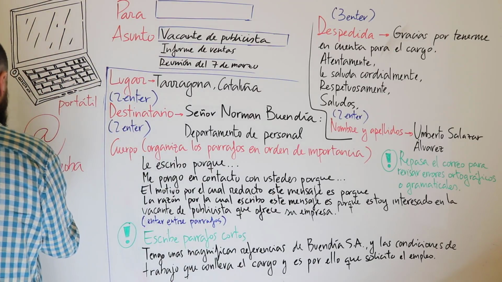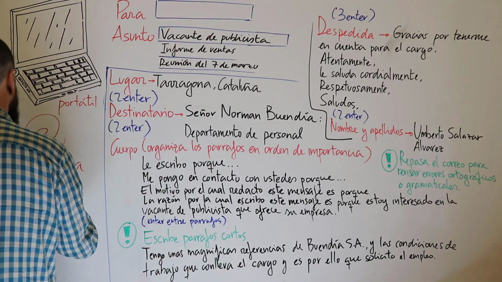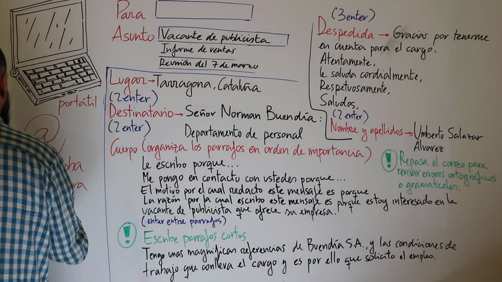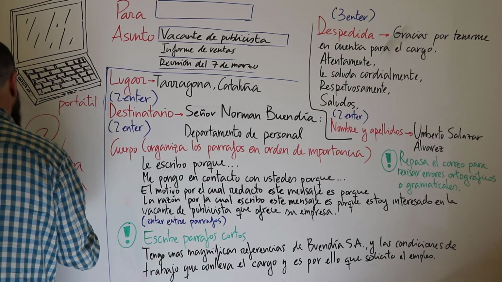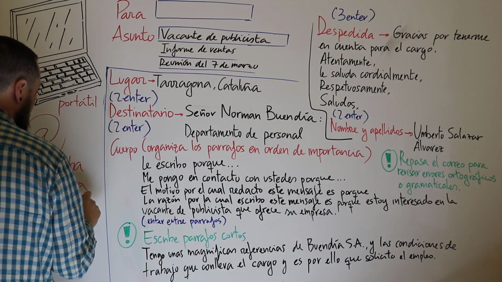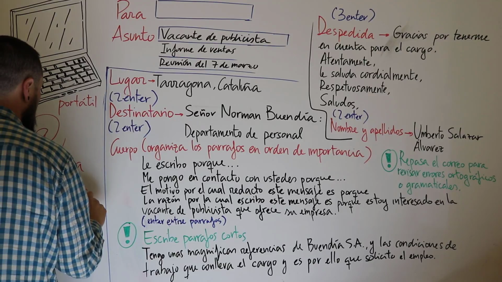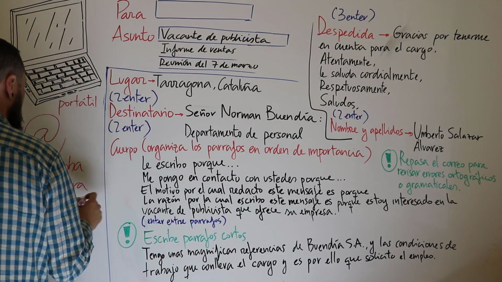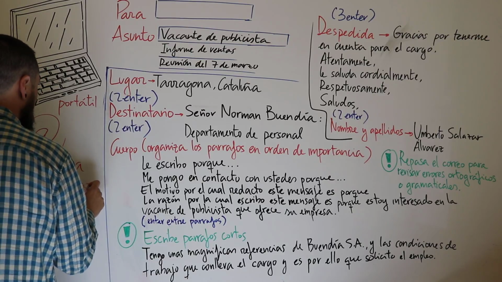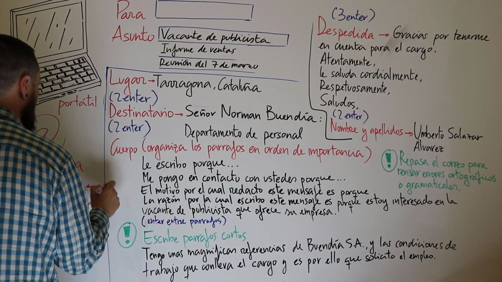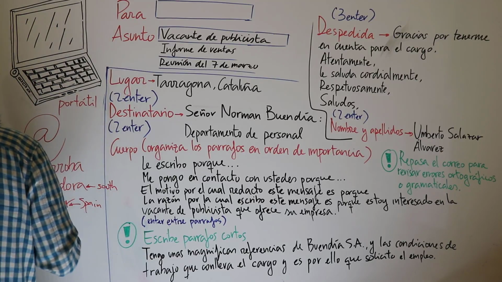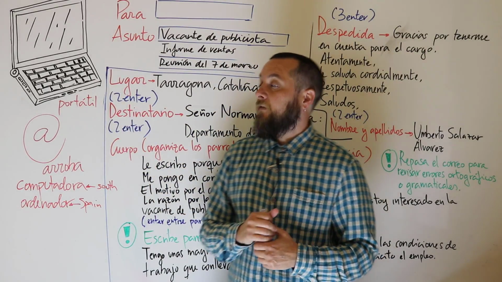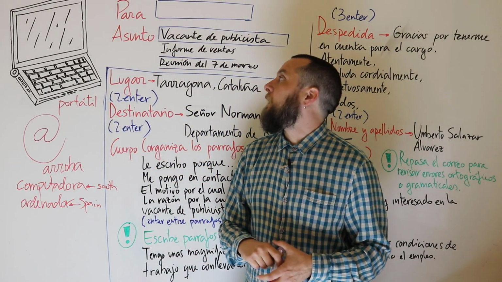So I'm going to write it here: computadora, ordenador. In Spanish, I'm going to say Spain. This is more used. In South America, I'm going to write South. This is more computadora. Well, let's go to our whiteboard and see how to do this email, okay?